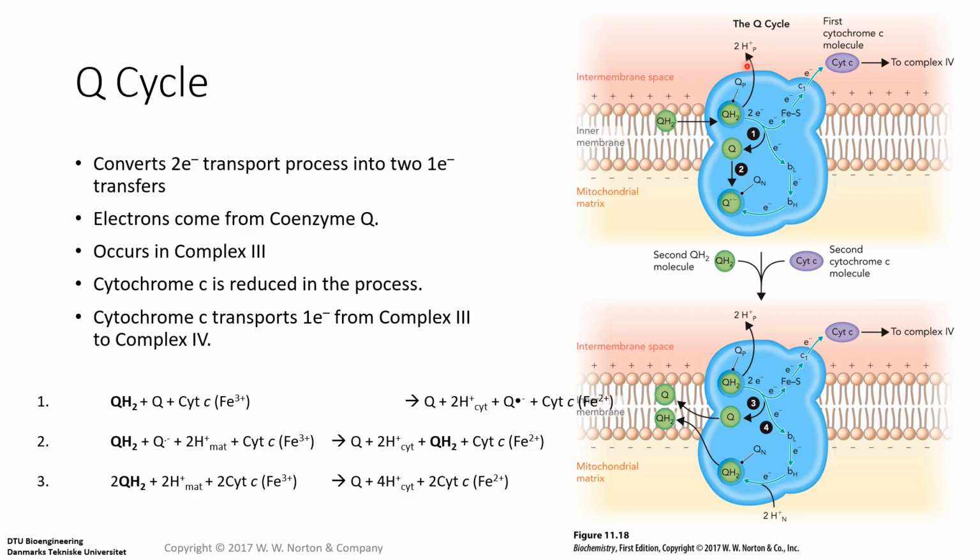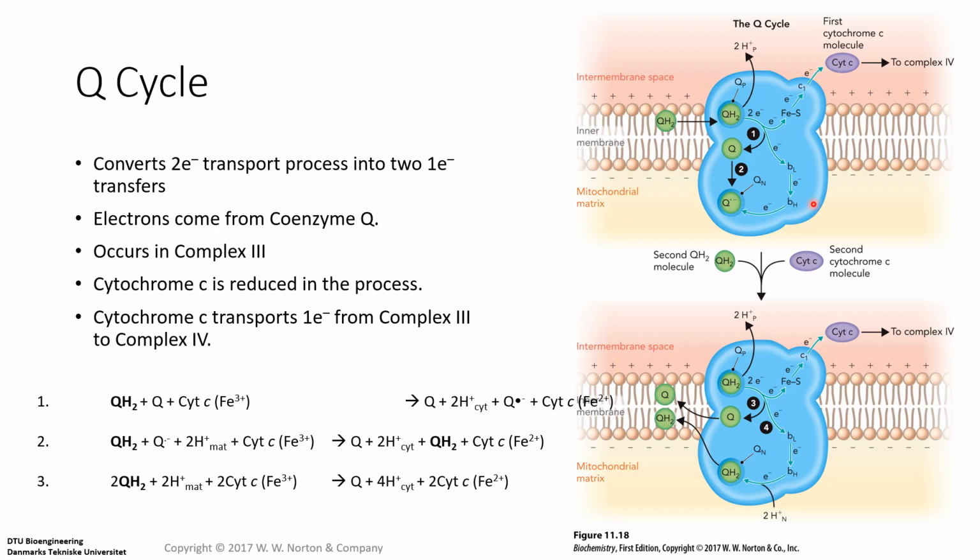So that releases 2 protons up here and 2 electrons. 1 electron is transported further downwards, and 1 electron is transported via the iron sulfur complex into the reduction of cytochrome C. This also, of course, releases ubiquinone as before, and that can be reduced into this semiquinone complex. Now that reduction requires an electron, which is carried through the heme BL and BH complexes.